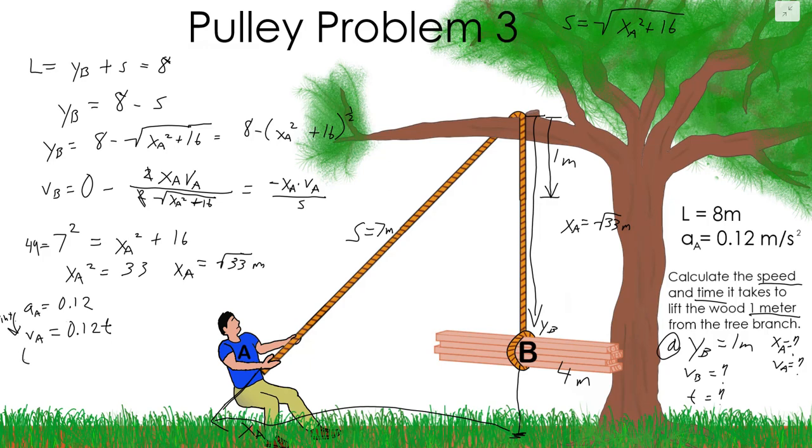And when we integrate again, xA is going to equal, so then it's going to be a t squared, and then we have to divide by 2. So that turns into 0.06 t squared. When you take the derivative, the 2 comes out, the opposite of it.